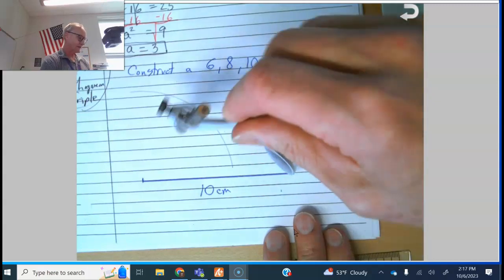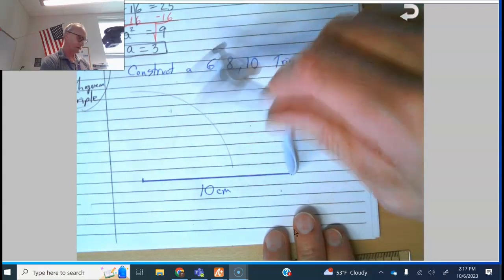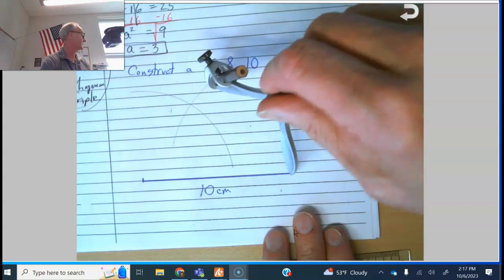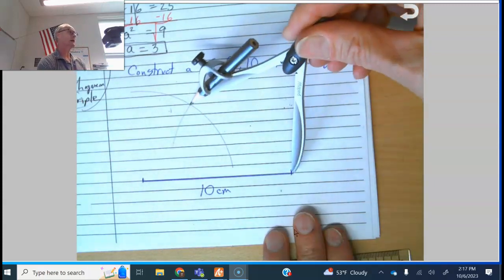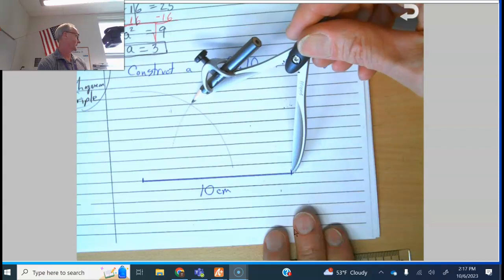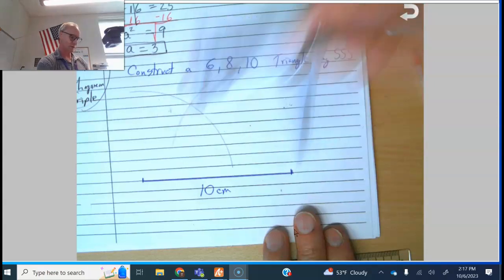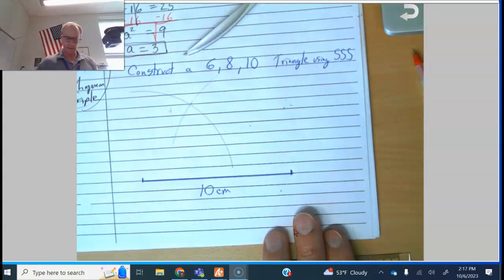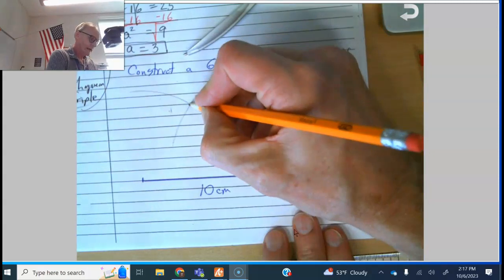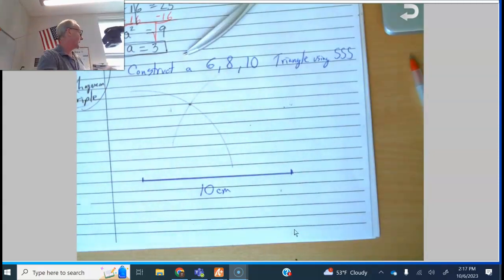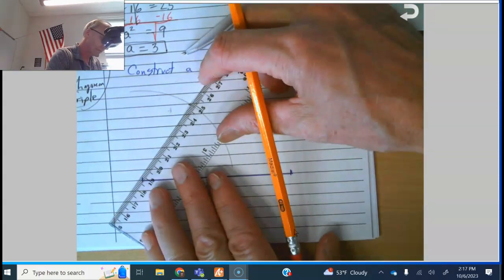And we know that it's somewhere on this arc, and clearly it's going to be where they intersect, isn't it? Y'all see this is 8? And the other side is 6. This one is 8 on this arc, and the other side is 6. So we've got a triangle here. And it may look like a right triangle. Let's see if it is.